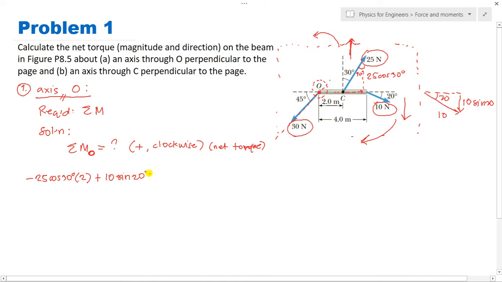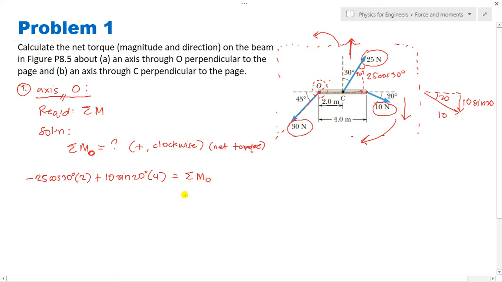The moment arm, its distance from point O, is 4. That is equal to the summation of moment at O, the net torque.